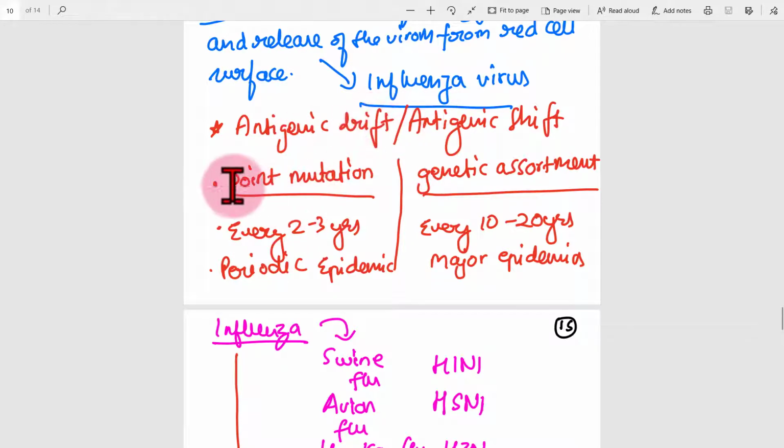Antigenic drift involves point mutation, whereas antigenic shift involves genetic assortment. Antigenic drift occurs every 2 to 3 years, whereas antigenic shift occurs every 10 to 20 years. In antigenic drift there is periodic epidemic, whereas in antigenic shift there is major epidemic.